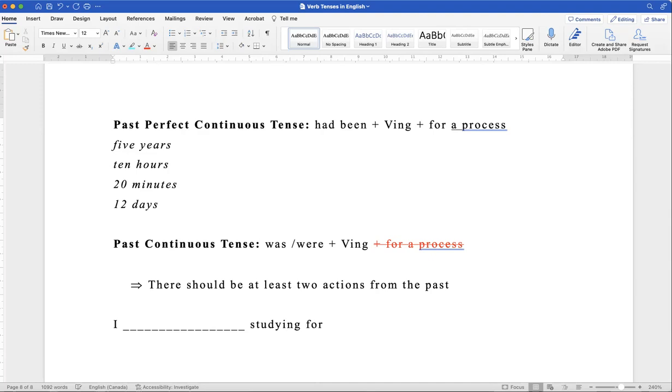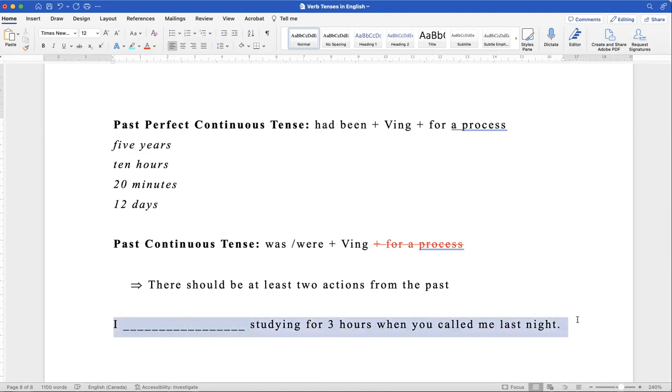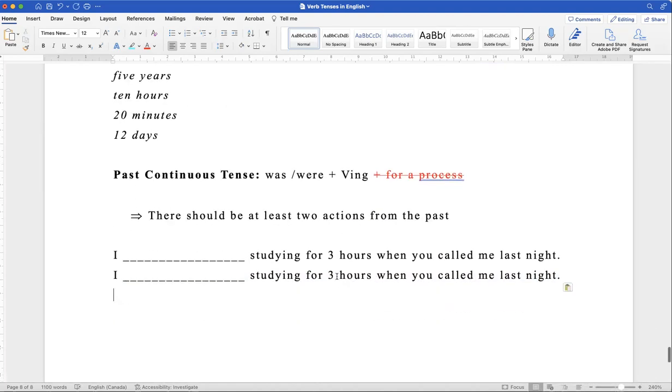Studying for 3 hours when you called me last night. Look at this one. Okay, so now you can decide which verb tense we should use, past continuous or past perfect continuous.